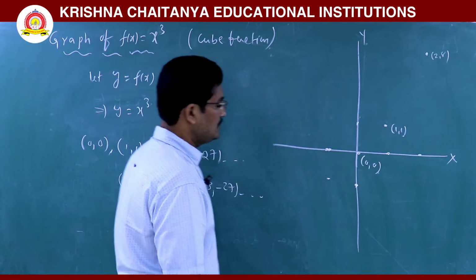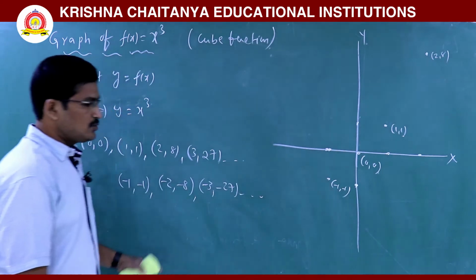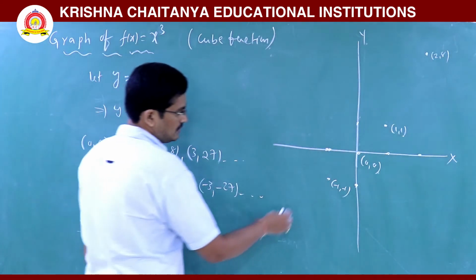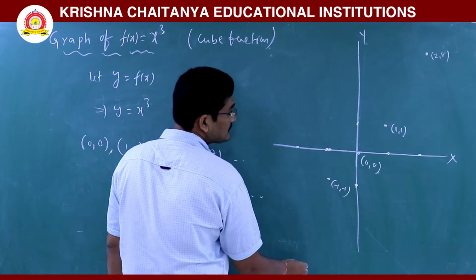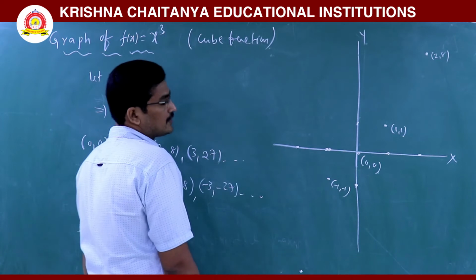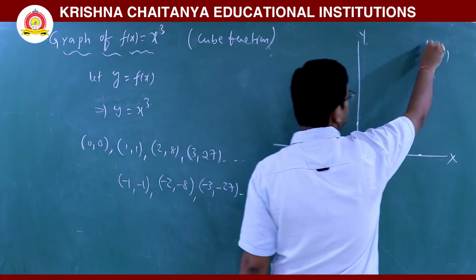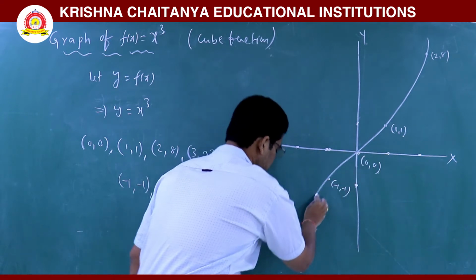That is the meaning. So this is minus 1 comma minus 1. Next is minus 2, minus 8. Suppose it becomes like this. If you connect all these points, you will get a shape like this.